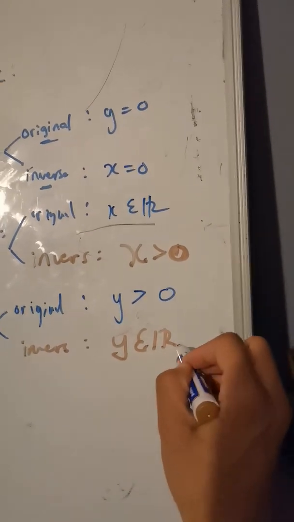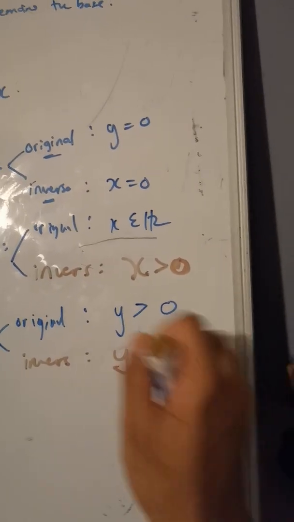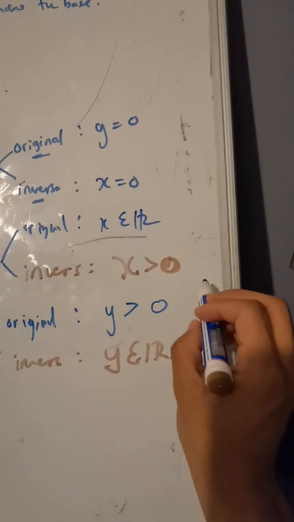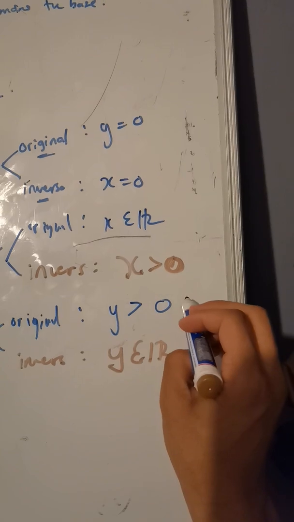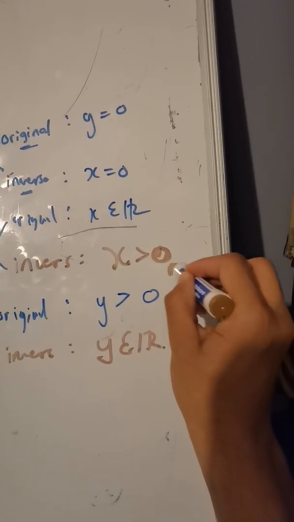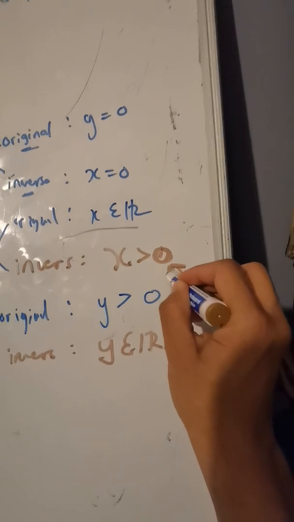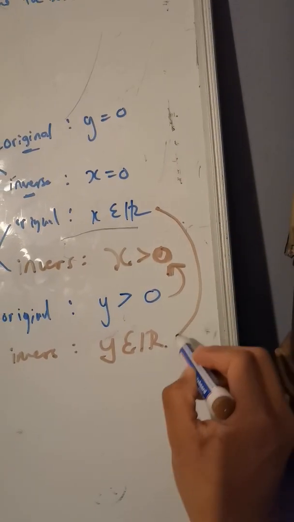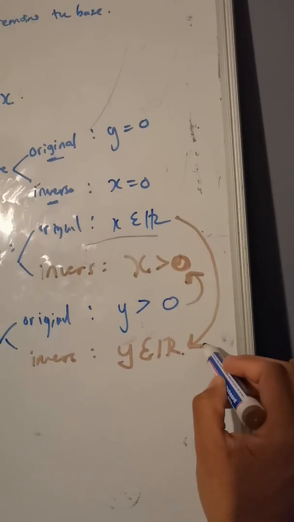real numbers. Do you see that the range of the original graph becomes the domain of the inverse? You understand? And the domain of the original graph becomes the range of the inverse.